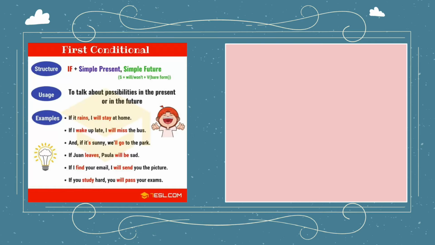So, in this first conditional, the structure is if plus simple present together with simple future, which in this simple future, we are using subject plus will or won't plus verb, which is the base form.